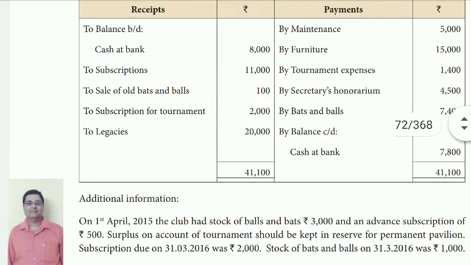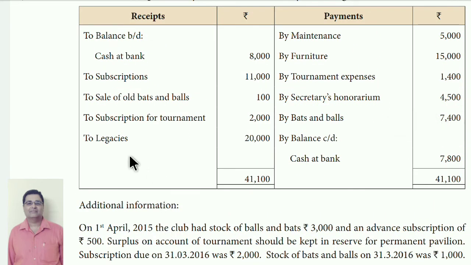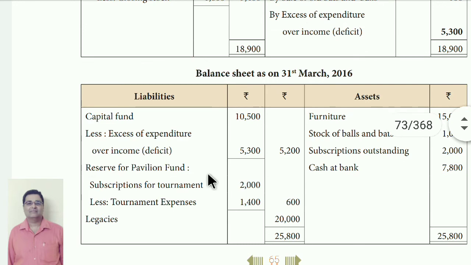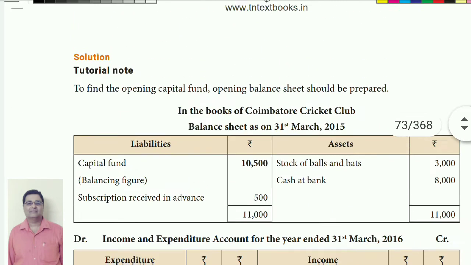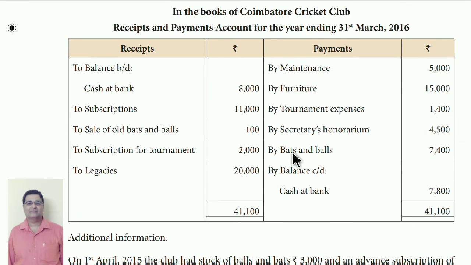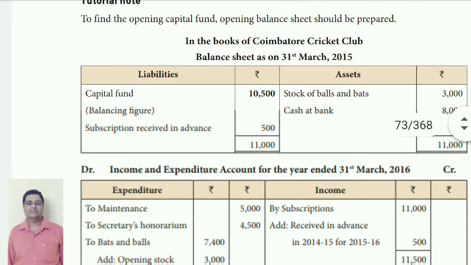See the next line of your question. Legacies 20,000. Legacies are always liabilities. So we have to write in the liabilities legacies 20,000. Next line, maintenance. So this maintenance, where we have to write? In the expenditure. See the expenditure account.